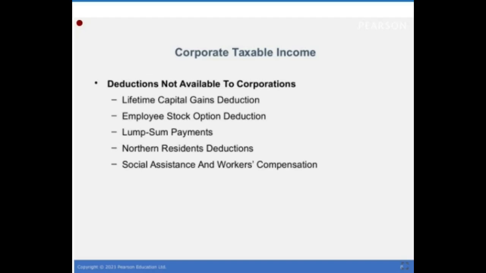That does not exist for corporations. So you're not going to find that deduction between net income for tax and taxes payable. Employee stock option deduction, no. Lump sum payments, no. Northern Residents, social assistance, no. These are all personal. So those do not exist in the corporate world as a deduction.